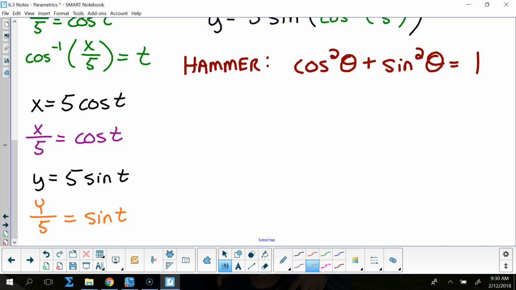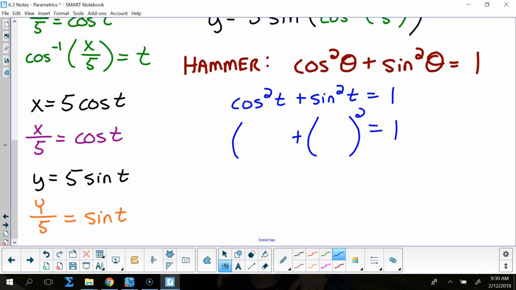Because now, when I go to the hammer, I'm going to replace cosine with x over 5, and I'm going to replace sine with y over 5. And I can square those.